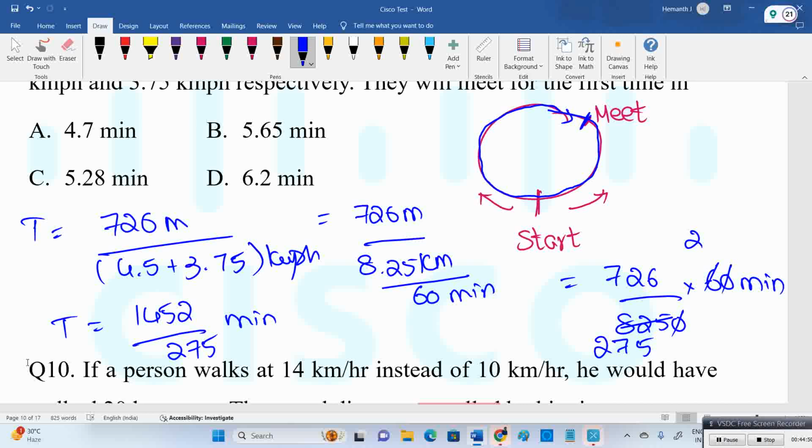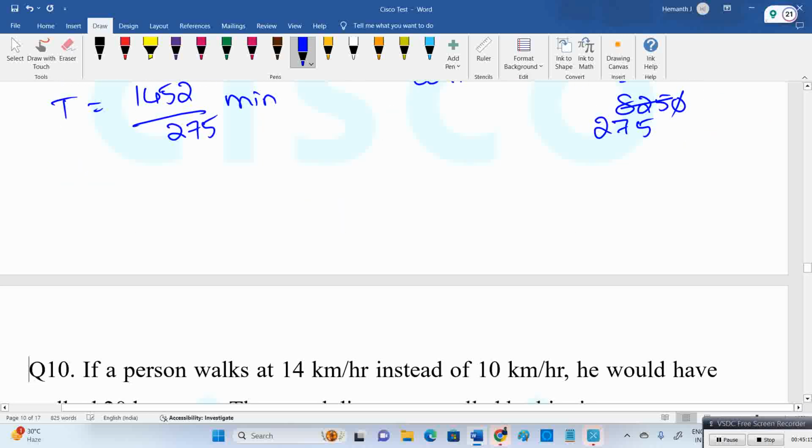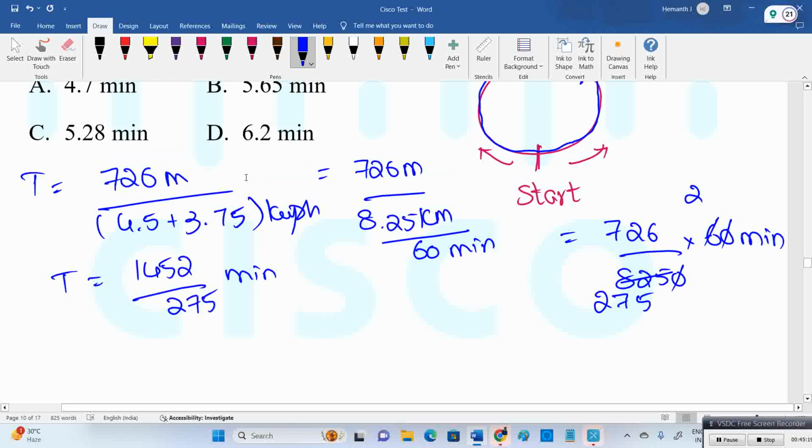See, it's simple. Better not to do those calculations in full. Is it more than 5, less than 6, or greater than 6? That you can do. 275 into 6 would be 1650, which is more than 1452. So it should be more than 5 and less than 6, and close to 6 it seems. I think 5.28 minutes.